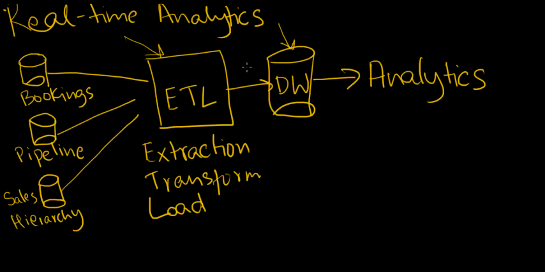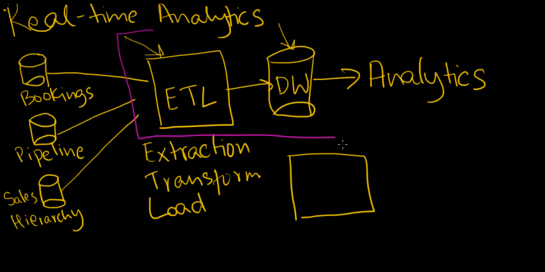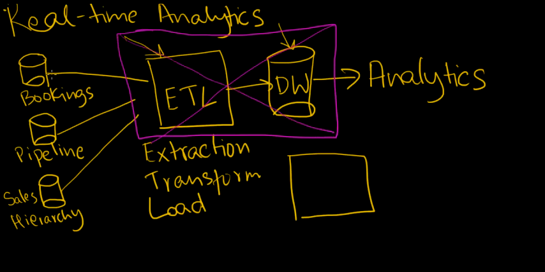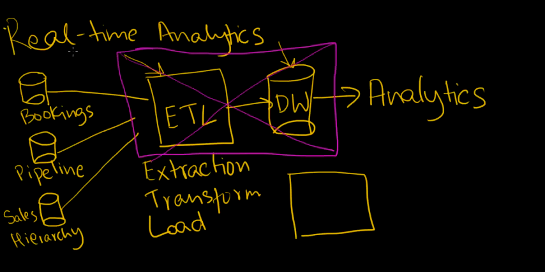Now what real-time analytics provides is it completely allows you to cut down these two steps. So with real-time analytics, with the operational data sources, you're able to feed in all your data attributes from your operational systems without doing any of the ETL or optimizing your data warehouse.